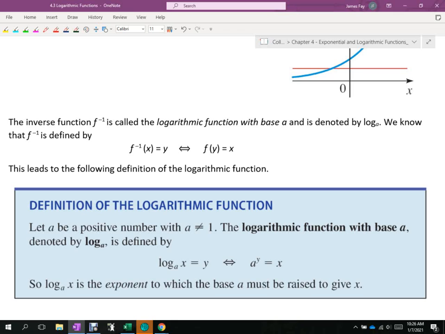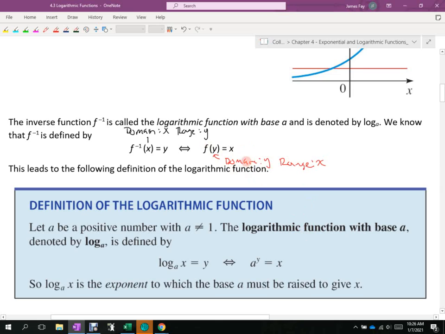Think about this: x is an input, a domain value, and y is a range value. Right here, your domain is y, your input is y, and your output, or range, is x.